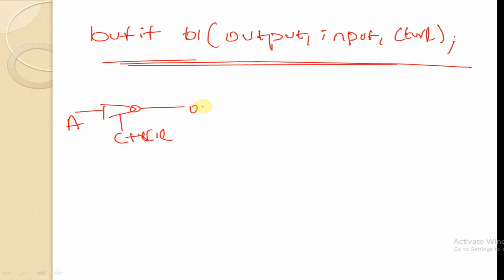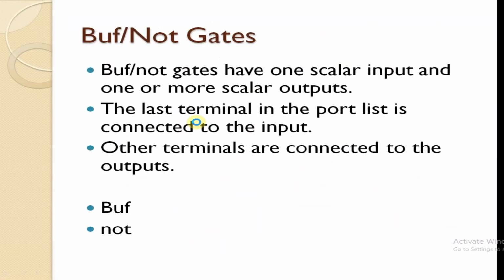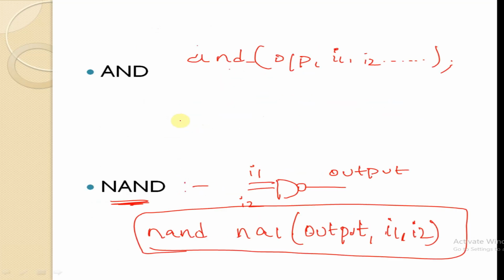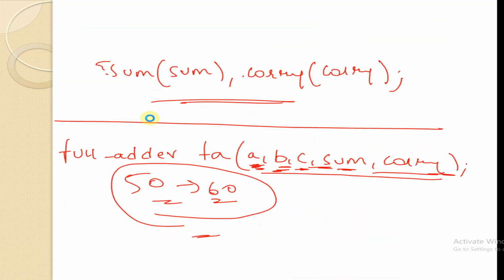Otherwise the output will be at high impedance. So the syntax for the notif gate is notif followed by some instance name, output comma input comma control signal. So these are the available gate primitives in Verilog. With these gate primitives, we can write and design our models.